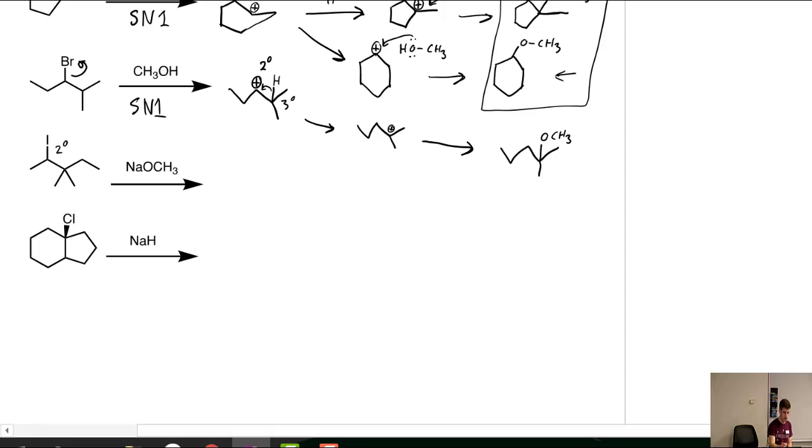But in this case, it's next to this tertiary or quaternary carbon, and they call those neopentyl groups. It's similar to a neopentyl, and those do not do SN2 because of steric hindrance. So this one is going to do E2, and we know that because this is a strong nuke and a strong base, right? It's not protonated. So doing E2 here, there's no carbocation intermediates because remember, it's a concerted reaction.